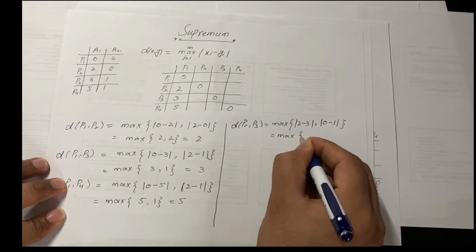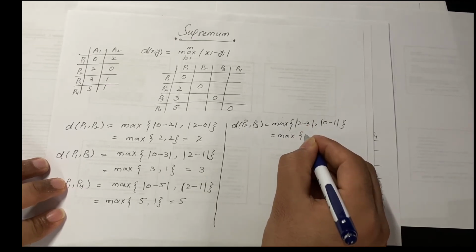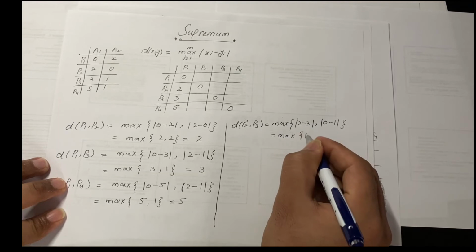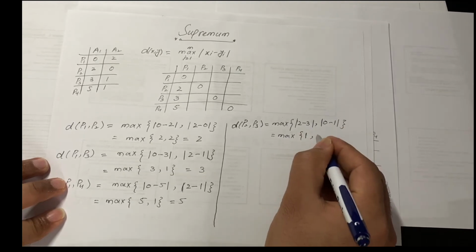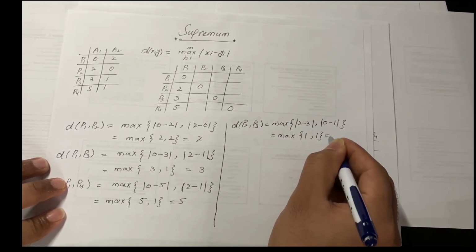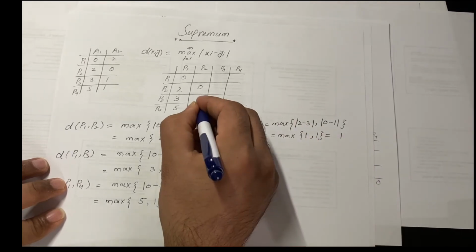Because of the absolute value it will be 1 and 1, so the maximum value will be 1.